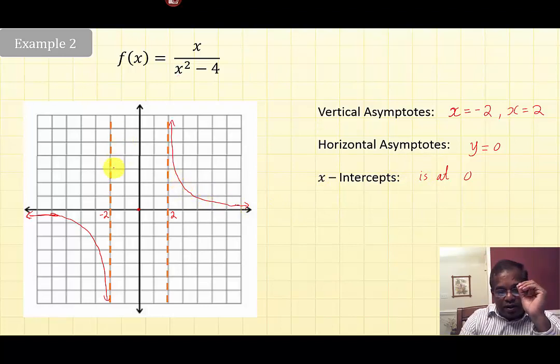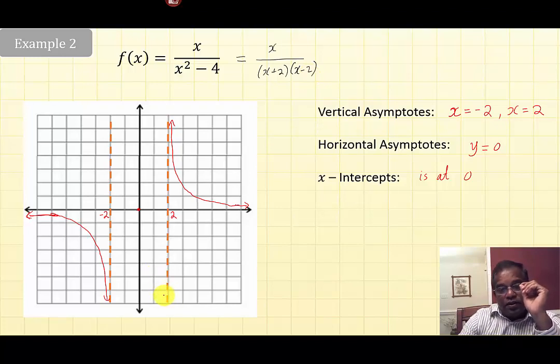Just to figure out the vertical asymptote just after negative 2 and just before 2, we can factor the denominator, and we get x plus 2 times x minus 2 like earlier. Now suppose I want just before 2.